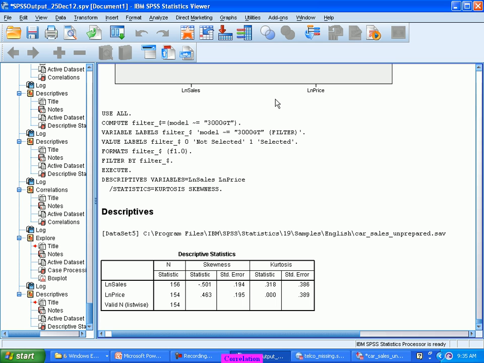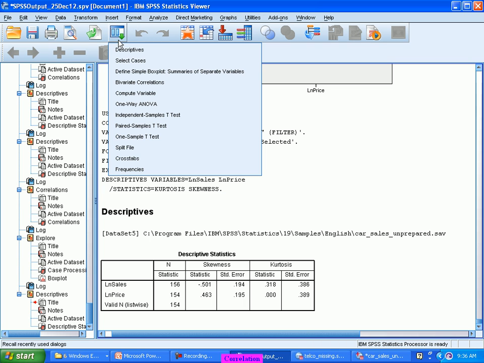That record is gone, no? 3000 GT, now that record is eliminated. So for that reason, even your kurtosis is also changing. Now, assuming that this is fine, let's look at the relationship.